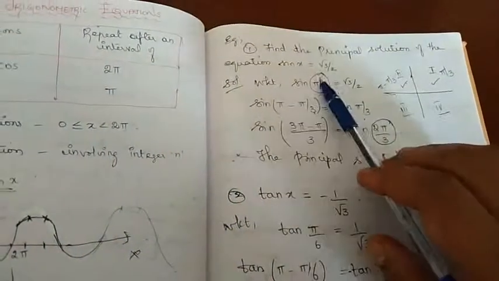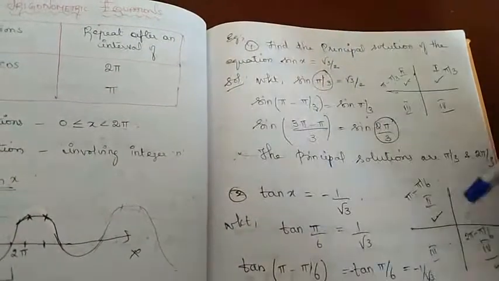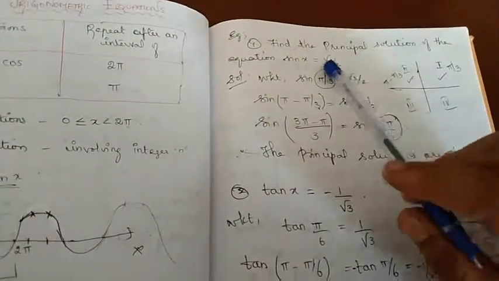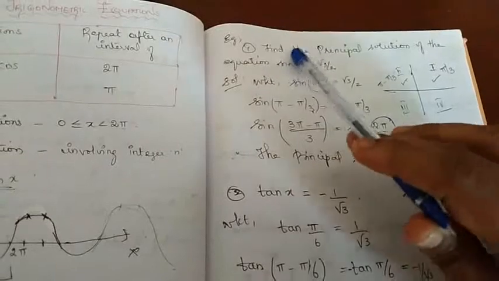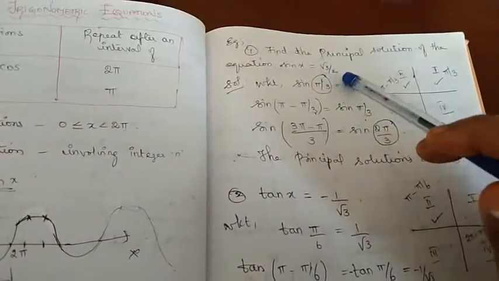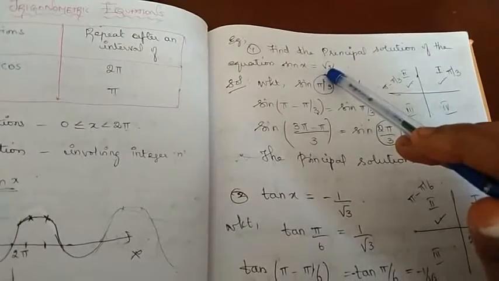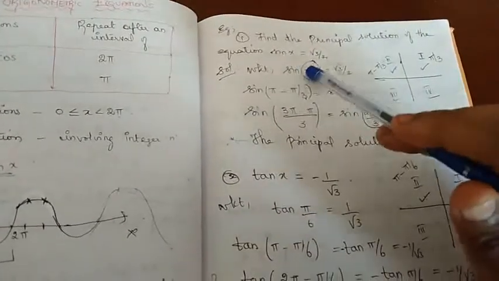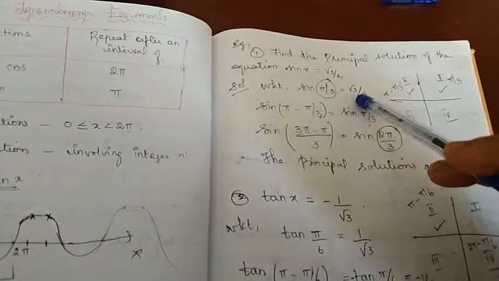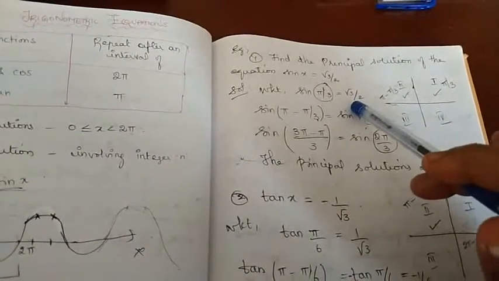Now let us see how to find the principal solution of the equation sin x equal to root 3 by 2. So how to find this? We know that the sine value becomes root 3 by 2 at pi by 3. So sin x is root 3 by 2, which is nothing but sin pi by 3 is root 3 by 2, right?